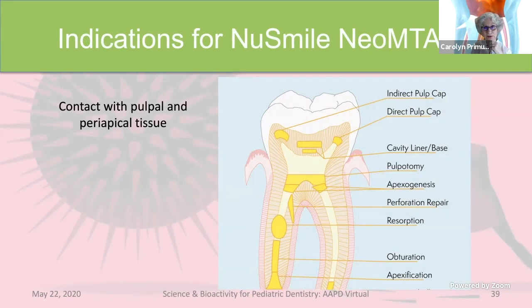And I want to spend a minute on versatility of the NuSmile NeoMTA, which is cleared by the FDA for both pulpal and periapical tissue contact, which leads you to a material that you can use for all these sorts of indications, which may occur in your practice.